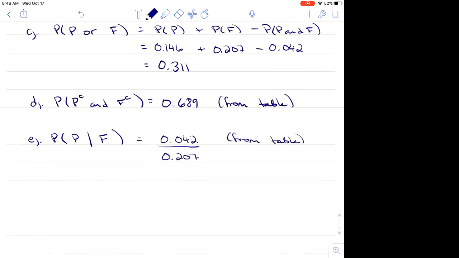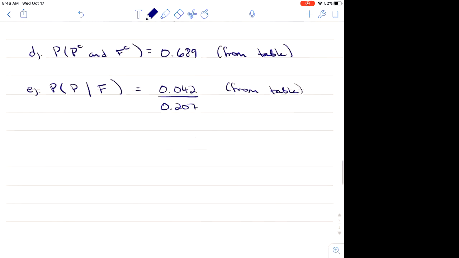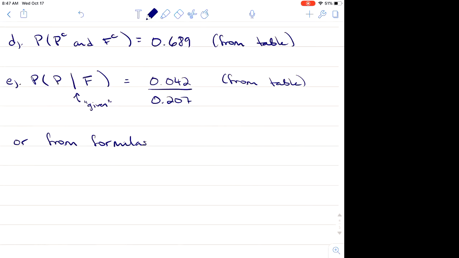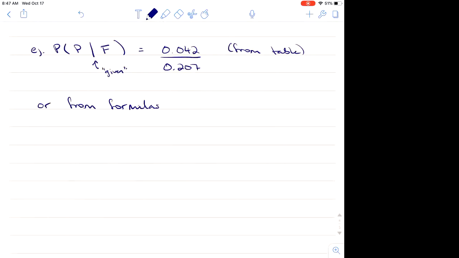So from the table, right? Or if you want to use the formulas, or from formulas, oh, given. Okay. Or from formulas, we know that the probability of P given F is the probability of P and F divided by the probability of F.